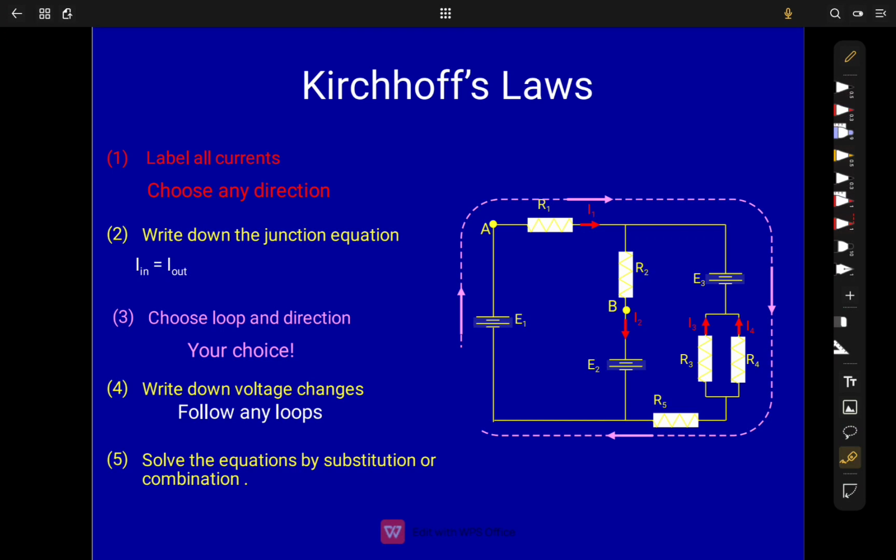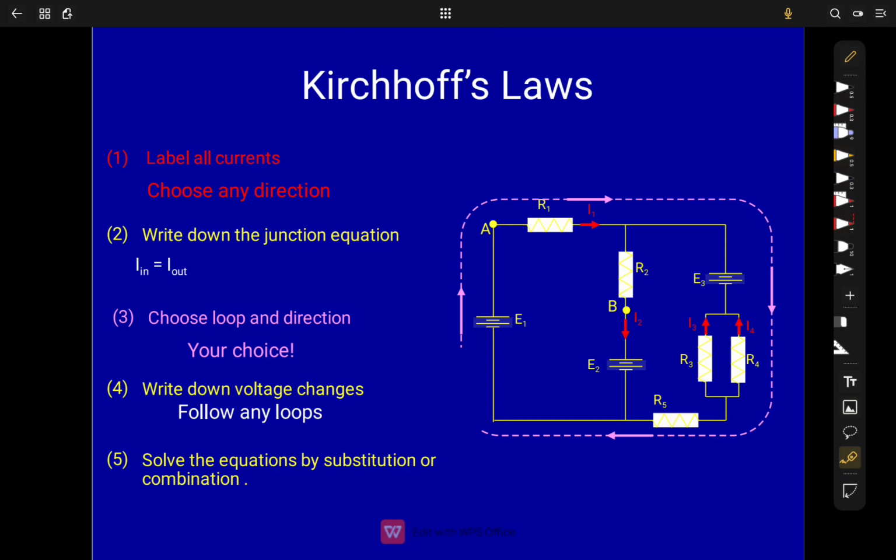So pag Kirchhoff's junction rule, doon tayo nagpe-pertain sa current entering is equal sa current leaving. At kapag sa ating loop rule naman, we're pertaining to the summation ng mga voltages na madadaanan ng ating loop, and that is equal to 0. And here, papansinin nyo, these are the steps for the Kirchhoff's law para ma-analyze natin yung ating circuit problem.